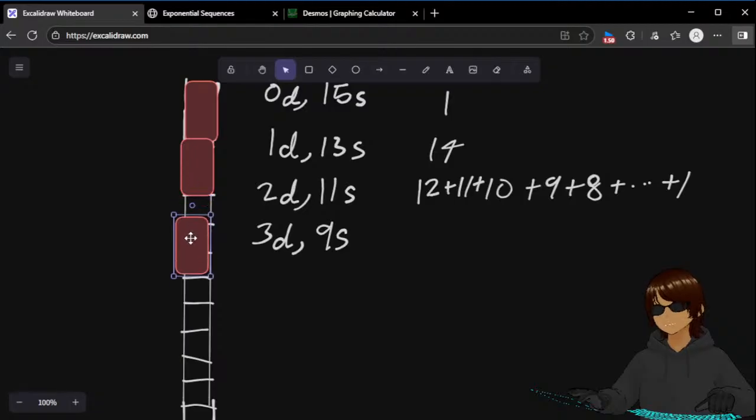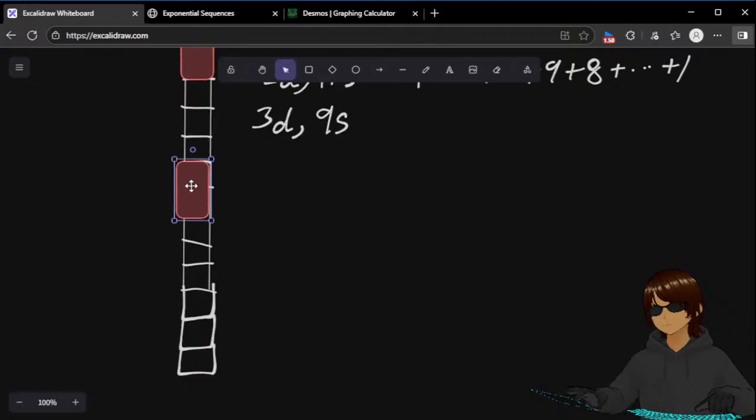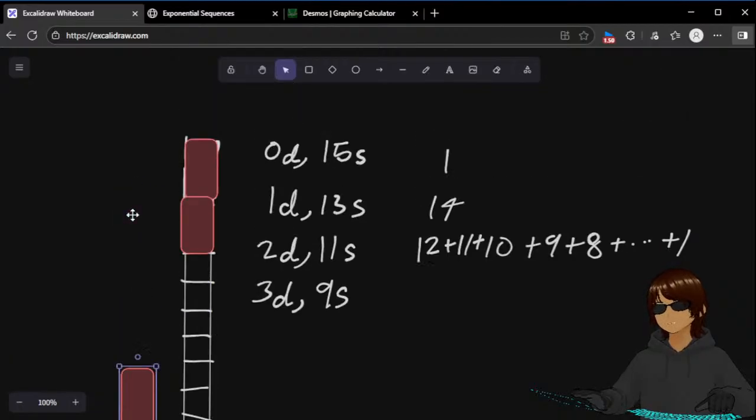How is it 10? 15 minus 2, minus 2, then minus 2, 9.